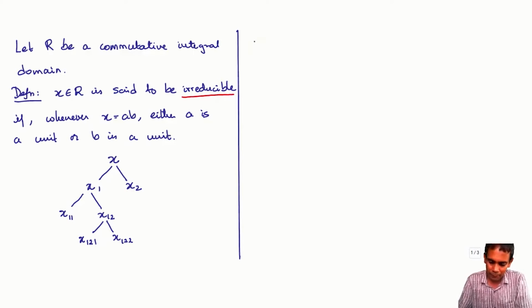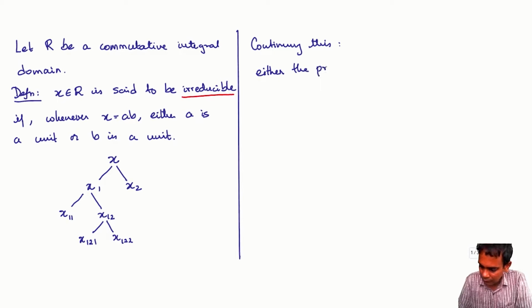Either the process ends. So for example, if this process has ended at this stage, that is all these elements x11, x12, x121, x122, x2 are irreducible, then x has been written as a product x11, x12, x121, x122, x2.